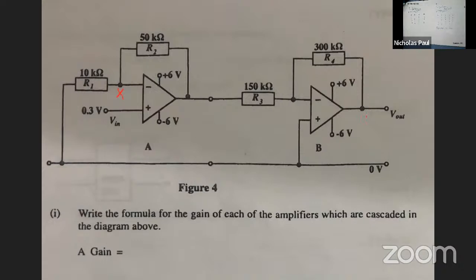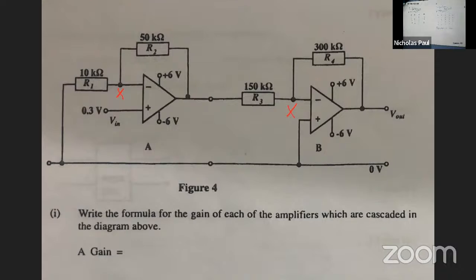Yes, the other side, the left side. Correct. Actual earths will be down here at the bottom. Those are virtual earths.